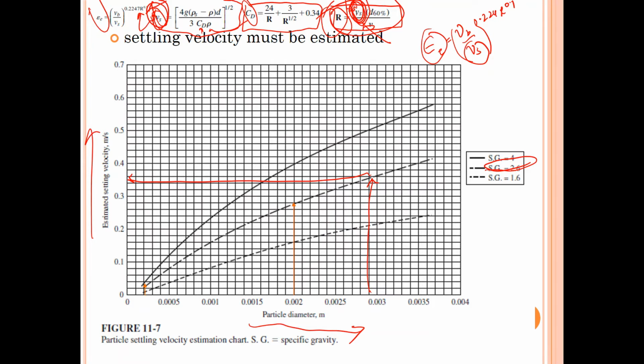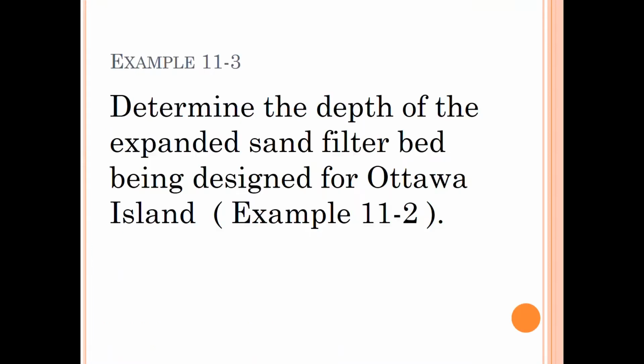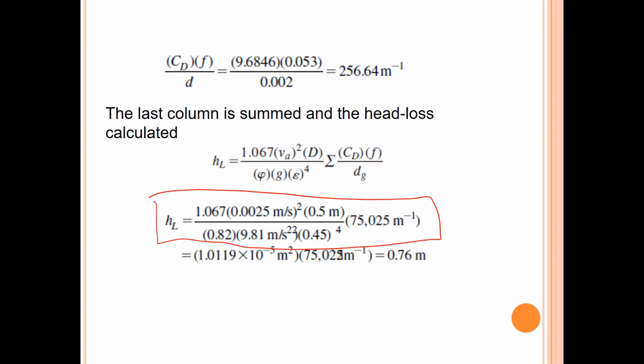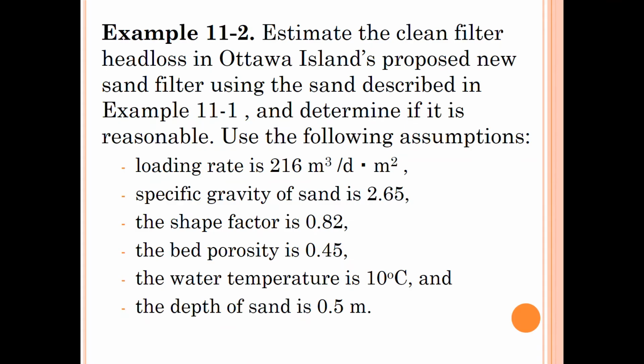So we are going to do this in example 11-3. Let me read it for you. Determine the depth of the expanded sand filter bed being designed for Ottawa Island, which is in example 11-2. So whatever data we used in 11-2 is valid for us. We have the filtration rate here.